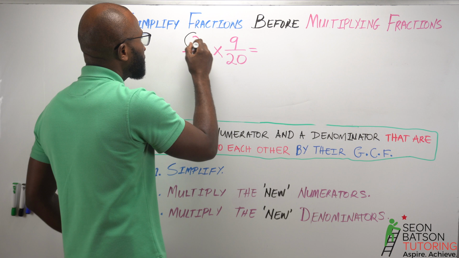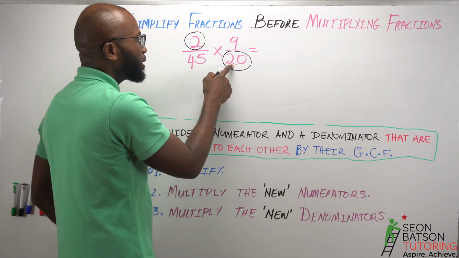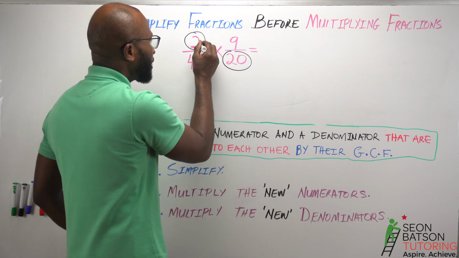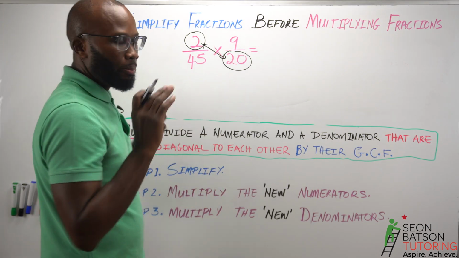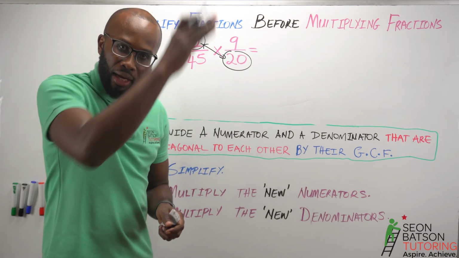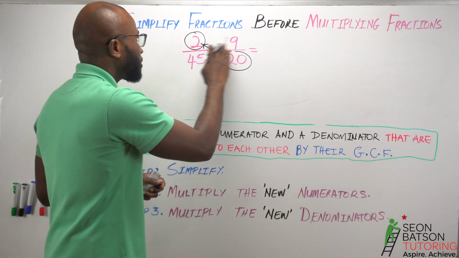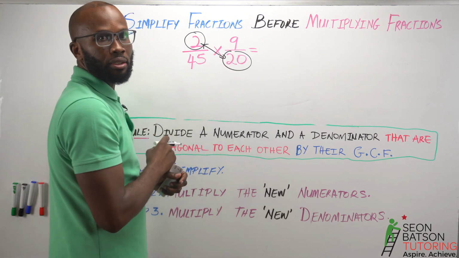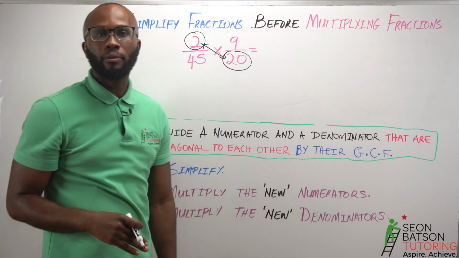Let's work with 2 and 20 first. We have a numerator, we have a denominator, and they are diagonal to each other. That's very important. The pair you choose to simplify must be diagonal to each other, not across from each other, not above or below, but diagonal to each other.